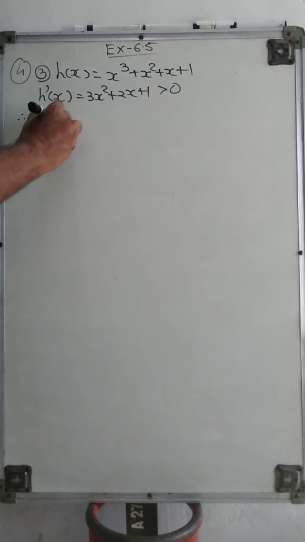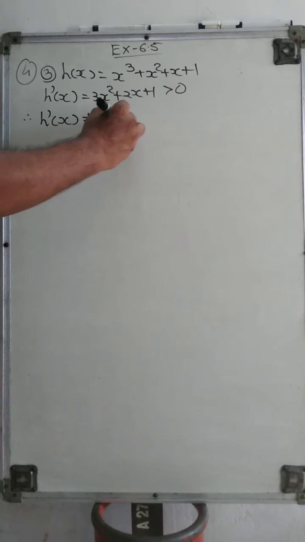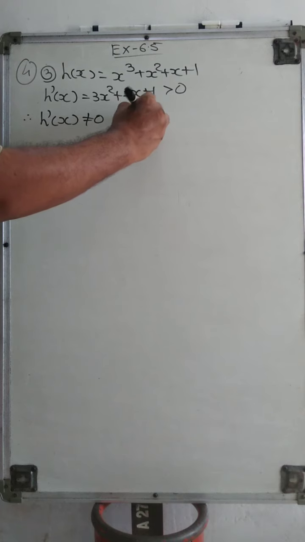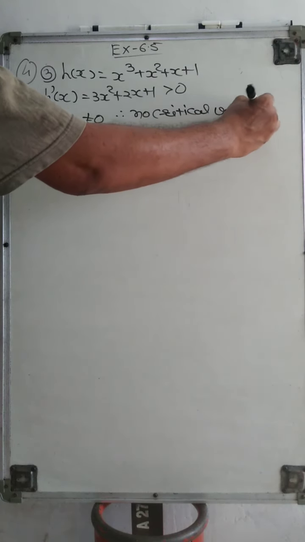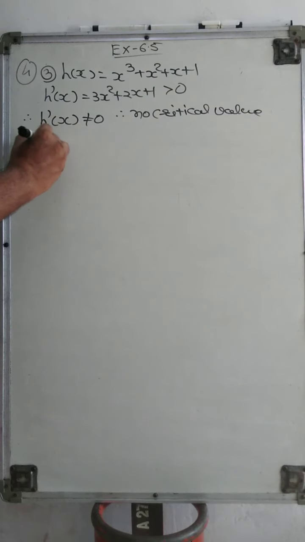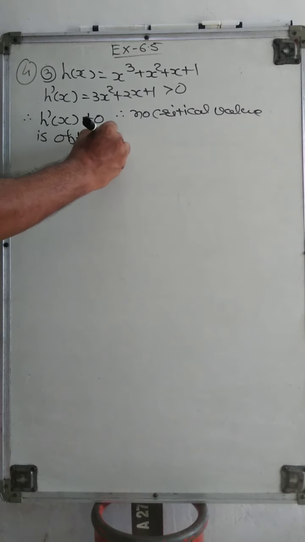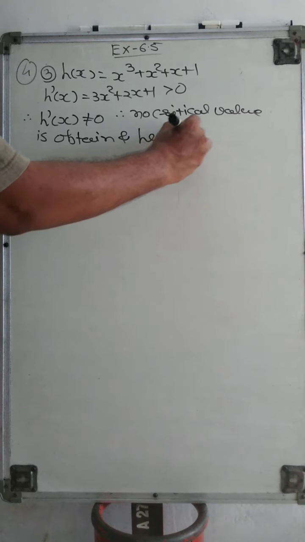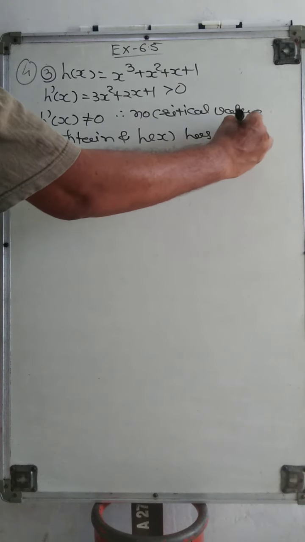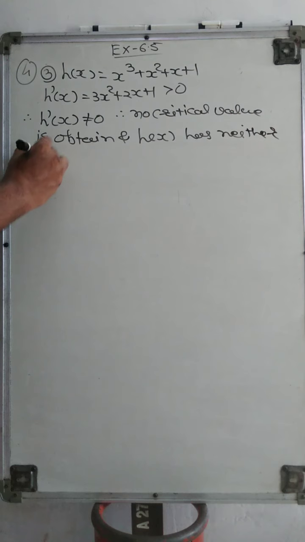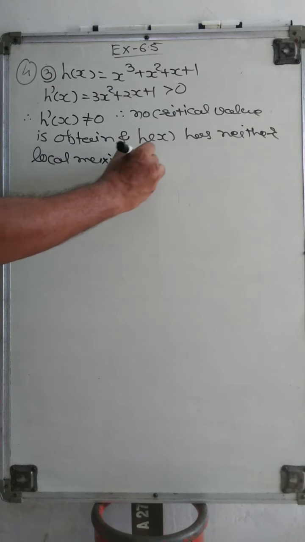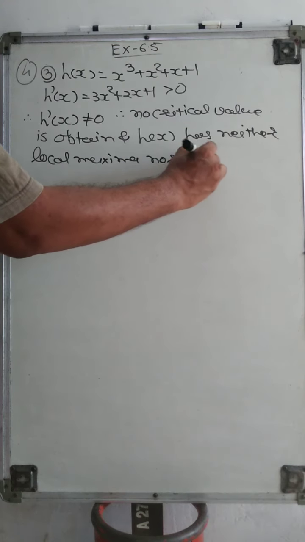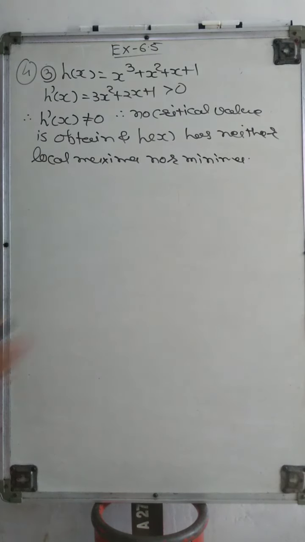Therefore h dash x never becomes 0, and therefore no critical value is obtained, and h(x) has neither local maxima nor minima. Right? So this way this sum is also completed.